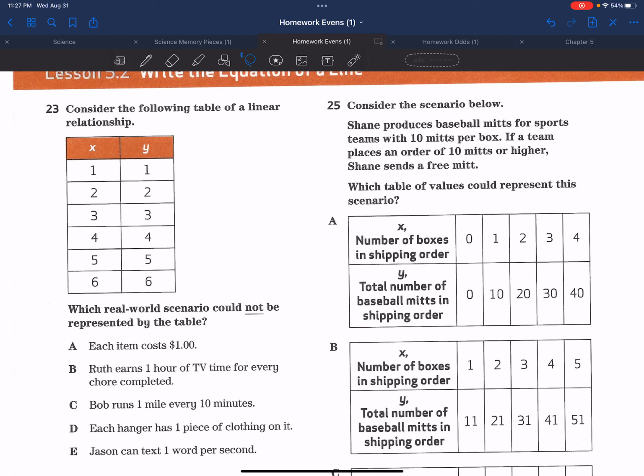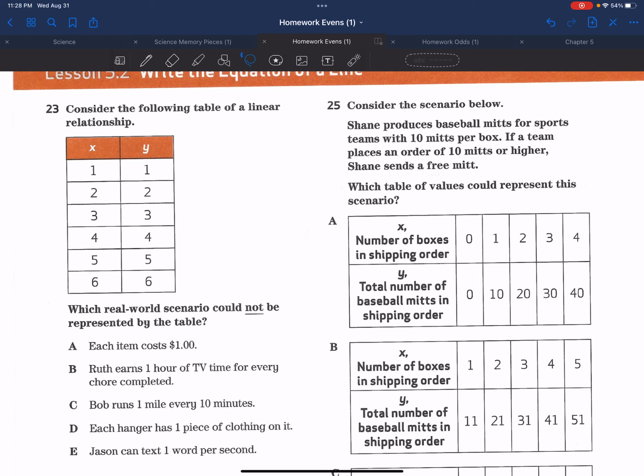Consider the following table of a linear relationship. If you show me 2 points, I will show you slope. You could really almost tell what slope is just by looking at this one.